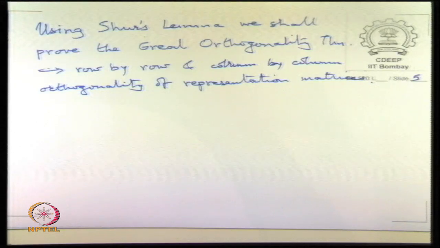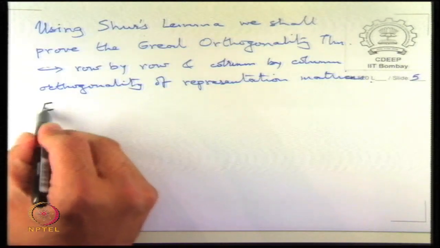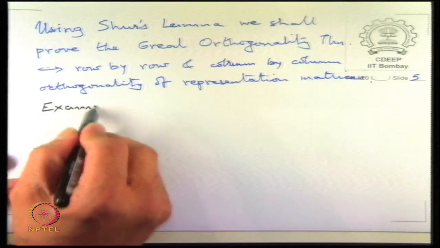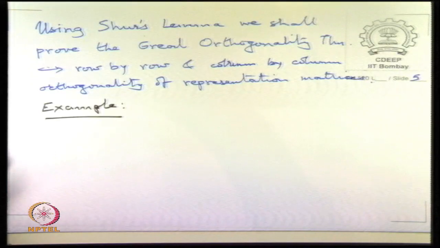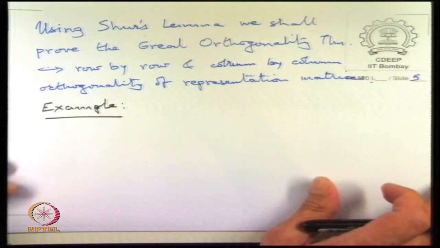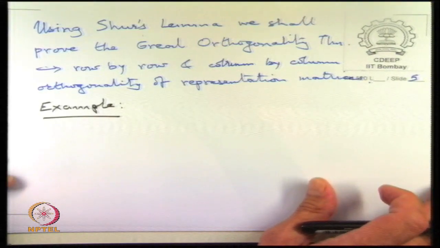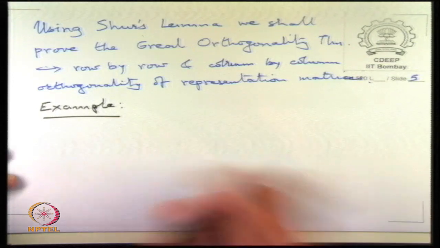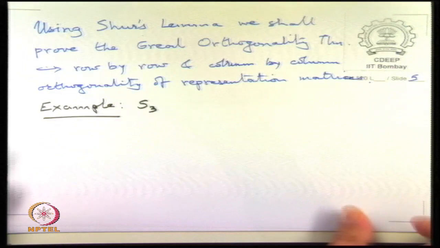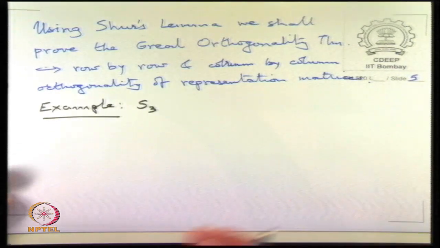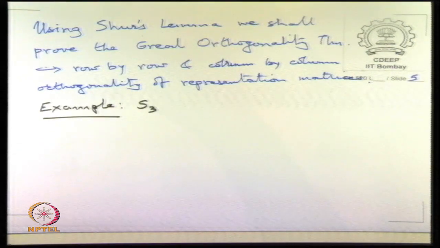Now a little example, and the example is the very exciting one that we have been considering for a while. This is the S3. Which is, just to remind you again, two ways of thinking.